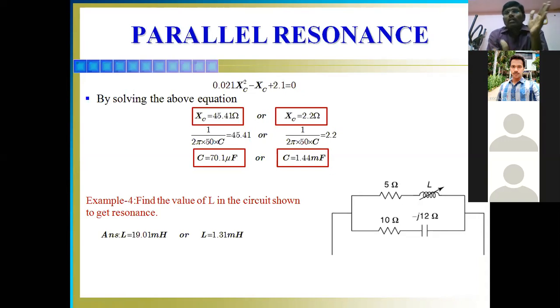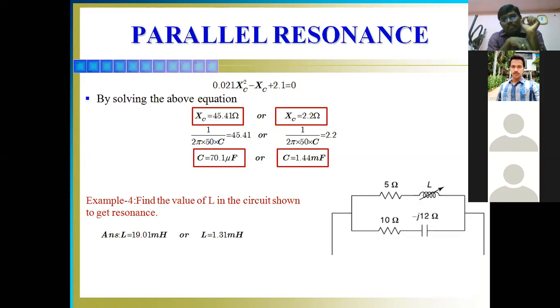So what is the value of C? The problem asks to find the value of capacitance to get resonance. Therefore here there are two possible values of C for this given circuit to produce resonance. That means the circuit can produce resonance at C equal to 70.1 microfarad as well as C equal to 1.44 millifarads.